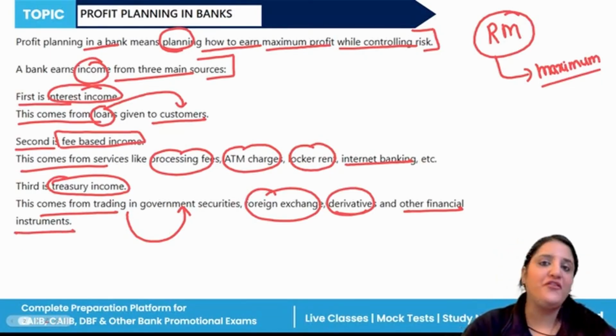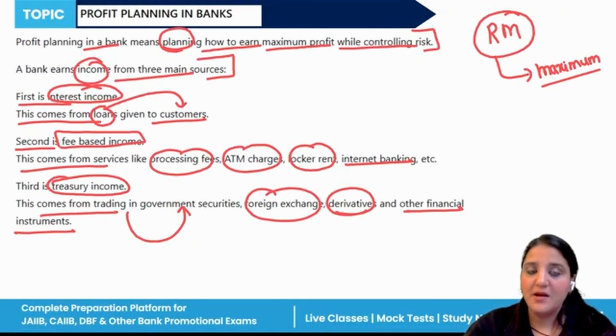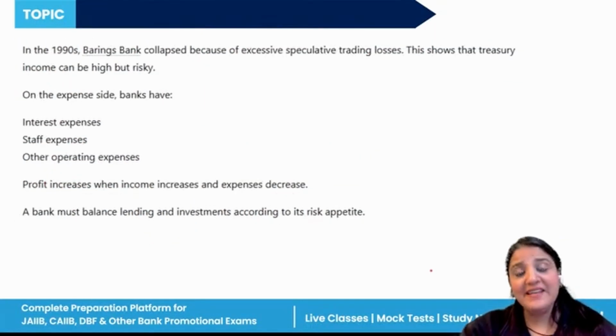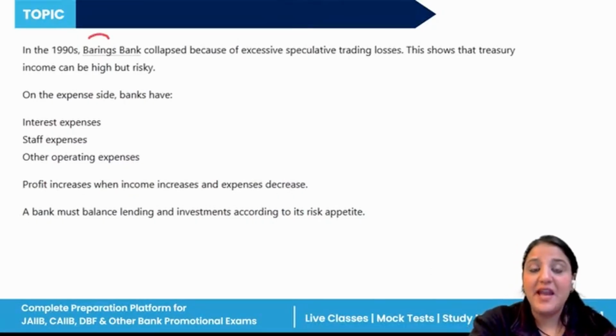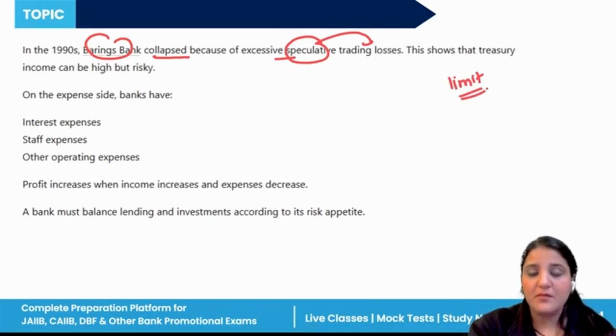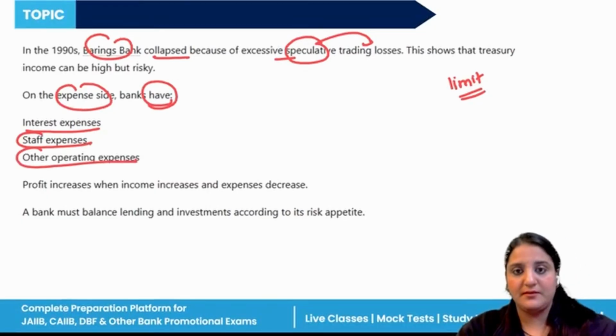That is profit planning in the banks, with the three main sources of bank income: interest income, fee-based income, treasury income. And in the 1990s, Barings Bank collapsed because of excessive speculative trading losses. So it is important to do the trading but within limits. On the expense side, banks have interest expenses, staff expenses, and other operating expenses.